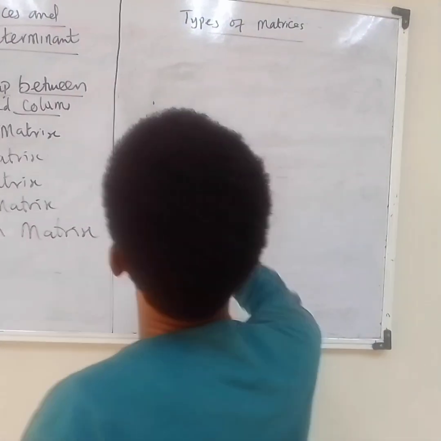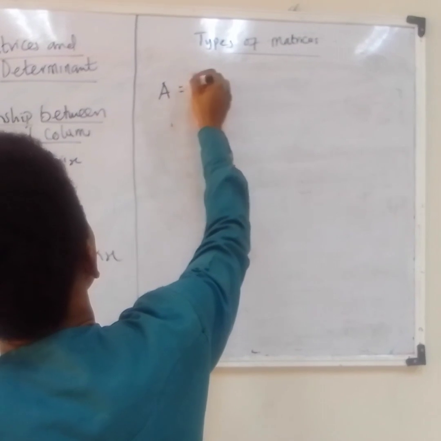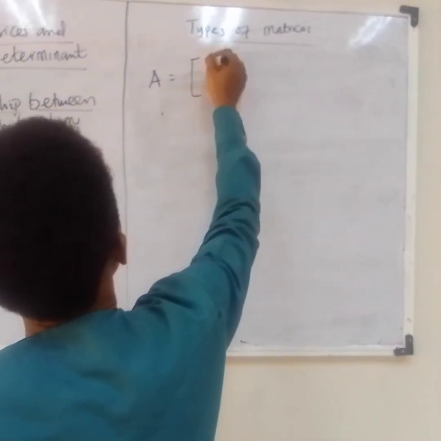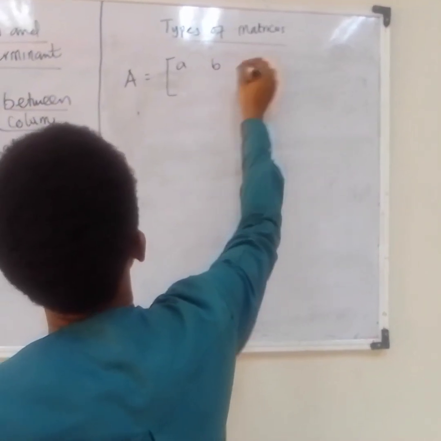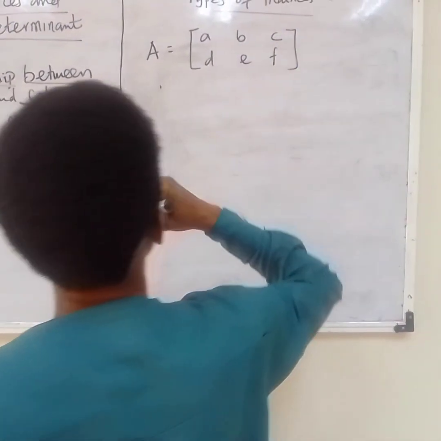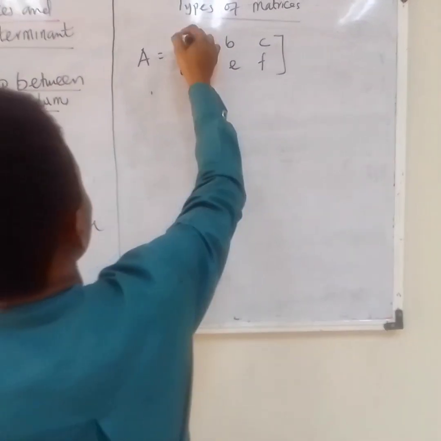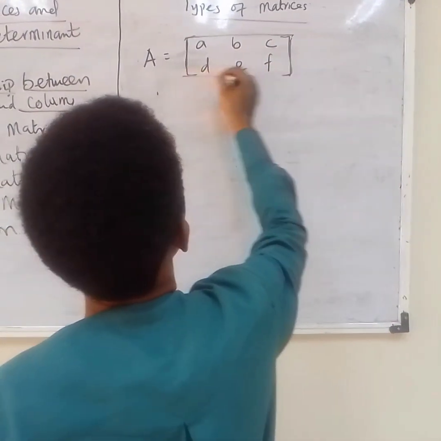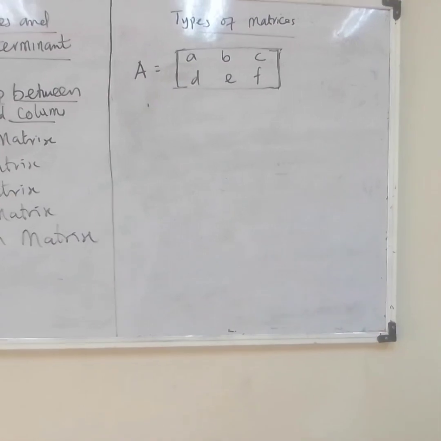Take for instance, let's say matrix A is a, b, c, d, e, f. Look at this now. With the shape, if we try to draw, it forms like a rectangle.